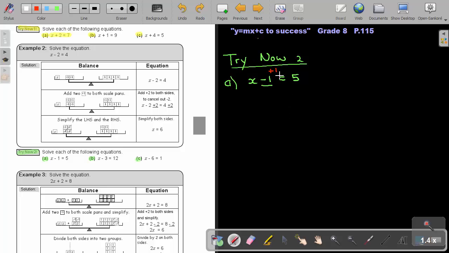And if I add positive 1 to the left-hand side, I must also add positive 1 to the right-hand side. So then I'm ending up with x minus 1 plus 1 equals 5 plus 1. And then this will cancel out, and I will be ending with x is equal to 5 plus 1 is 6. We can test it by saying 6 minus 1, that will be equal to 5.